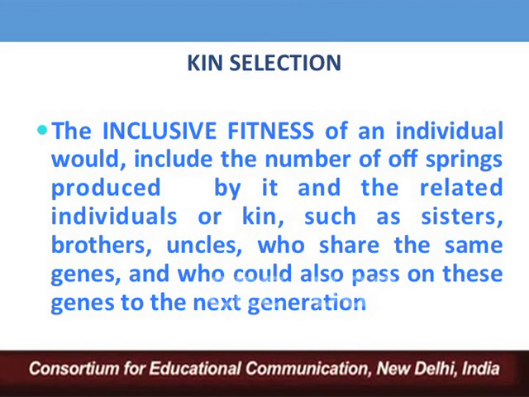Those relatives could be sisters, brothers, even uncles, aunts, grandparents, and so on. Basically, only individuals who share similar genes are relatives, and these individuals will also be passing on similar genes to the next generation. That's why it is a component of indirect fitness.